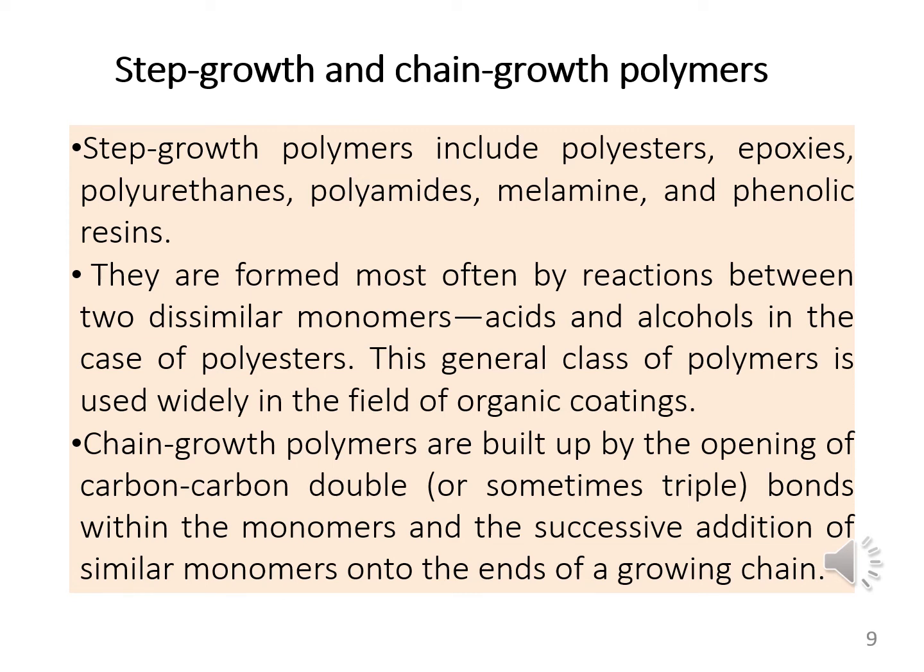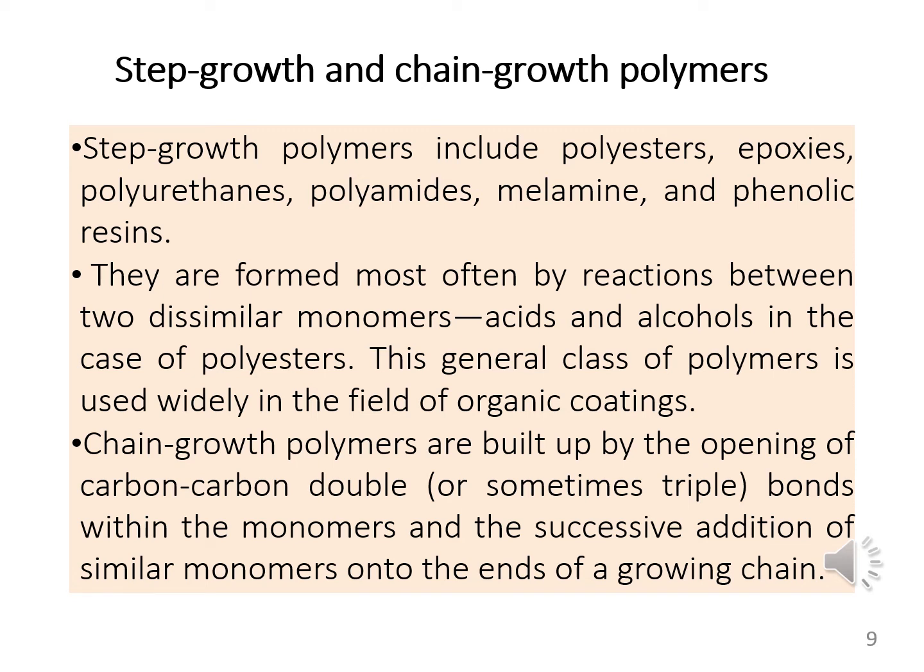How are step growth polymers formed? They are formed most often by reaction between two dissimilar monomers, acids and alcohols. In the case of polyesters, this general class of polymers is used widely in the field of organic coatings.